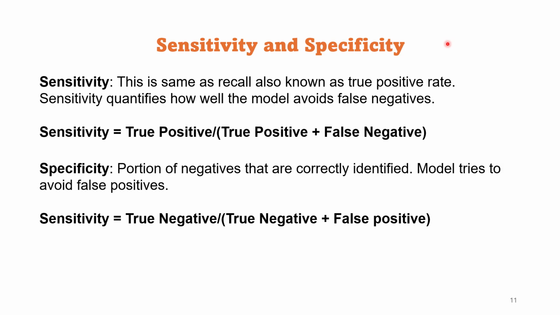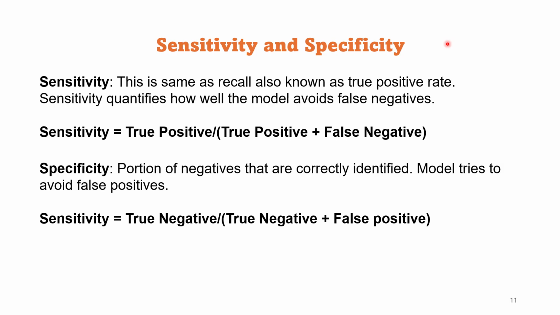A model would be 100% sensitive if the model detects all people with cancer disease who need medical checkup, that is follow-ups. Specificity quantifies how well the model avoids false positives. Specificity identifies healthy people with no symptoms of cancer.